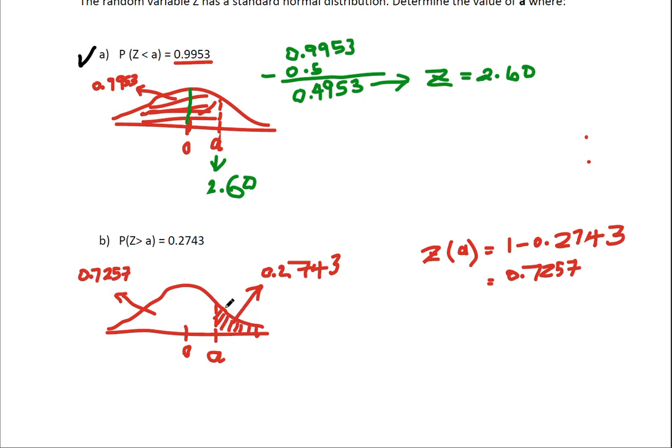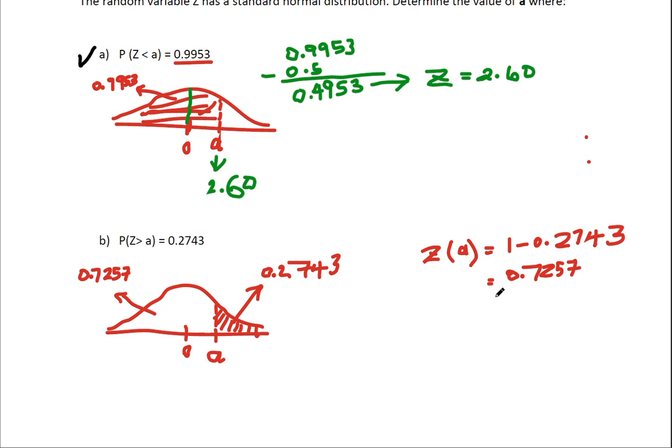Now that I know the probability to the left of A, which is 0.7257, because the total probability of the area will always be 1, then in a full table, I will just go straight ahead and search for it and find the z value that corresponds to it, and that's our answer.